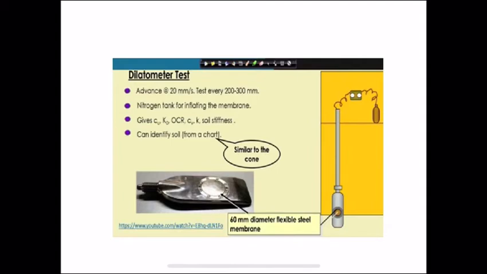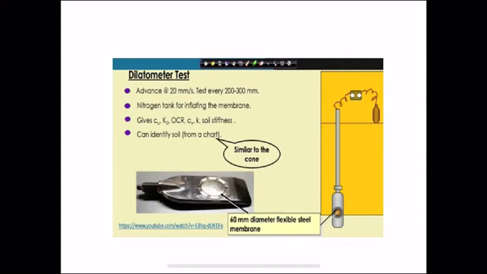The initial pressure and the pressure after expansion are recorded, and based on that you determine various soil properties like the K0 value, over-consolidation ratio, elastic modulus of the soil, and undrained cohesion of the soil.